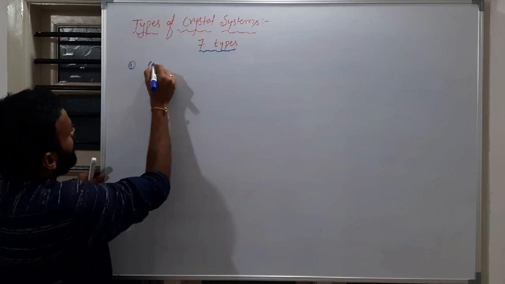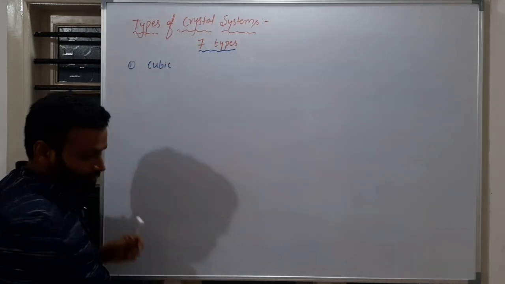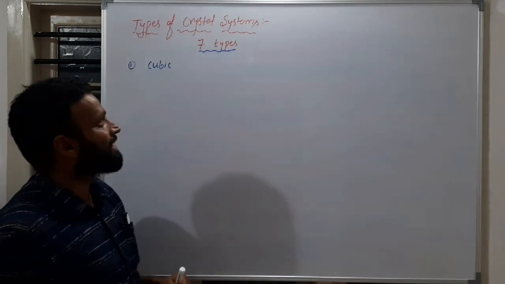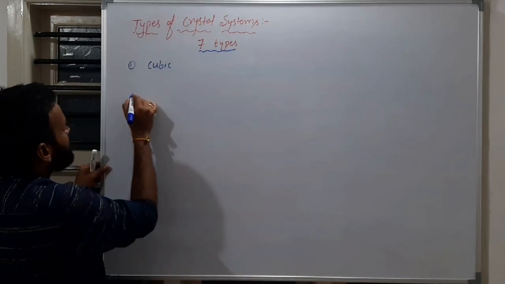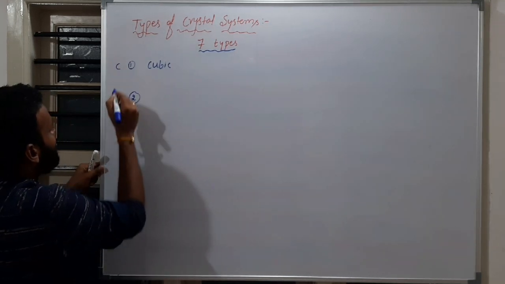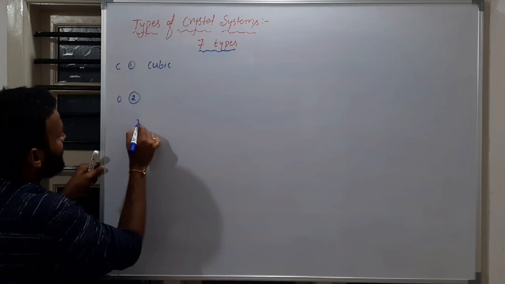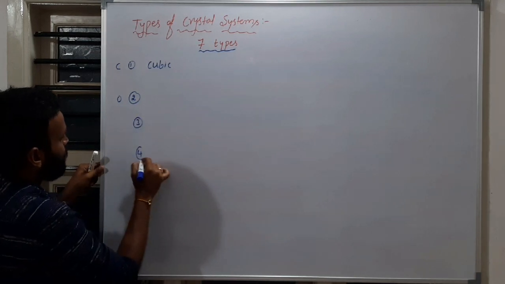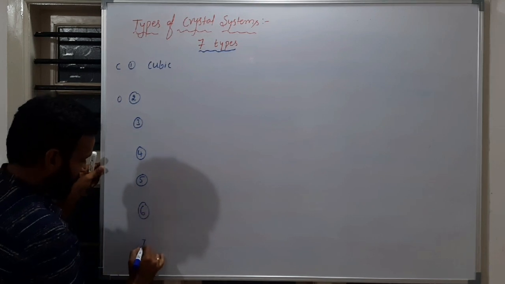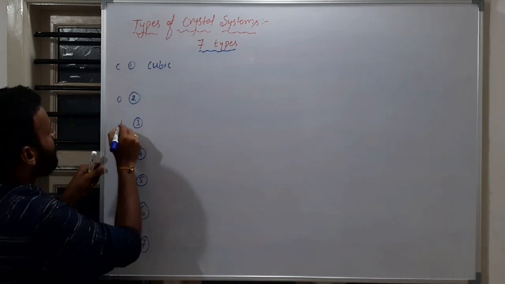First one is the cubic system, cubic type of crystal system. And for the second one, just for remembering, I'll tell you one easy way. COT, POT, ROOM, MT, H. Total 7, I told you: 3 and 4, 5 and 6, and last and final is 7.